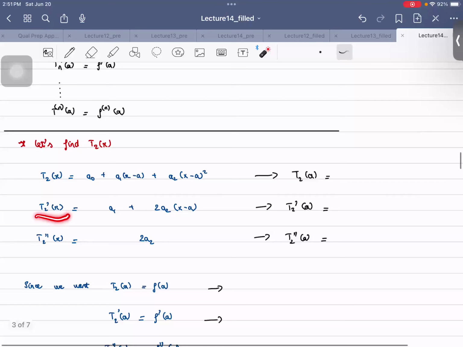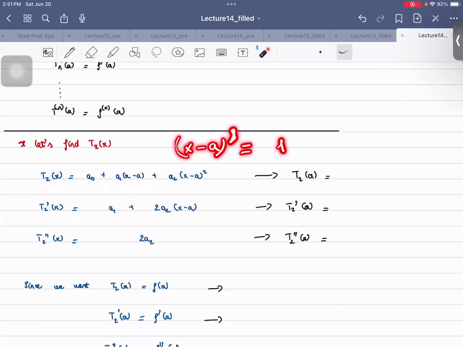So I'm going to find the formulation for my T2 prime and T2 double prime. T2 prime will be: the derivative of a0 is 0, because a0 is just a number, so when you take the derivative it becomes 0. The derivative of x minus a is 1, so you have 1 minus 0, and you still have a1 in the front, so you have a1.